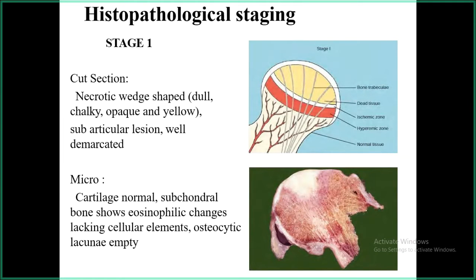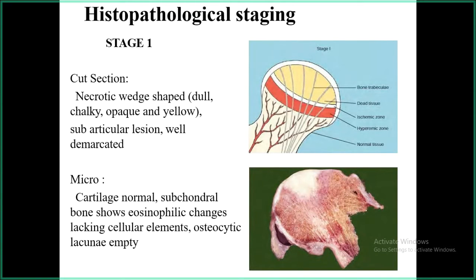Stage 1 is apparently normal on radiography as well as on MRI. But in histopathology, on gross anatomy, it shows necrotic, wedge-shaped, dull, chalky, opaque and yellow subarticular lesions which are well demarcated.